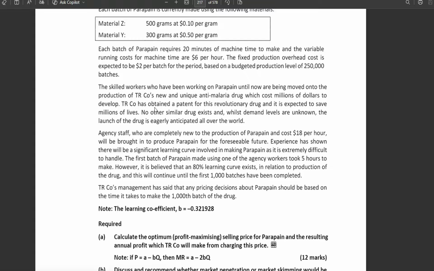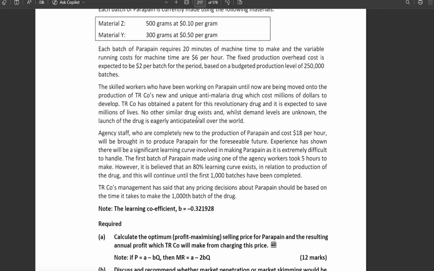TR company obtained a patent for this revolutionary drug, and it is expected to save millions of lives. No other similar drug exists, and the demand levels are unknown. The launch of the drug is eagerly anticipated all over the world.